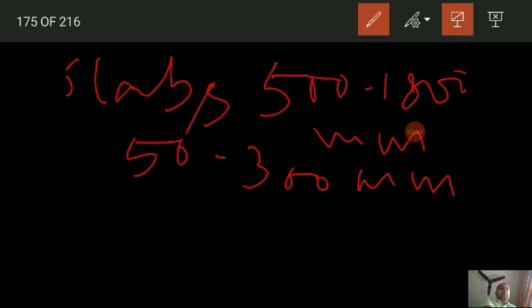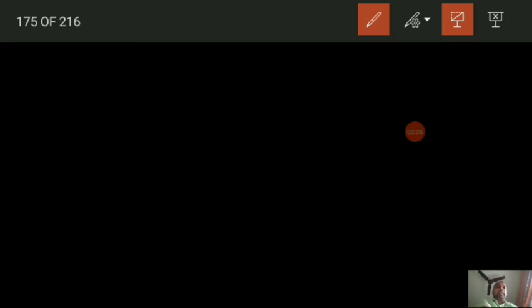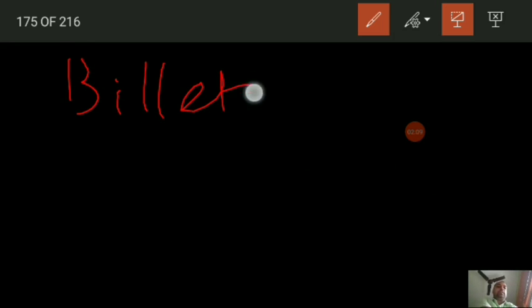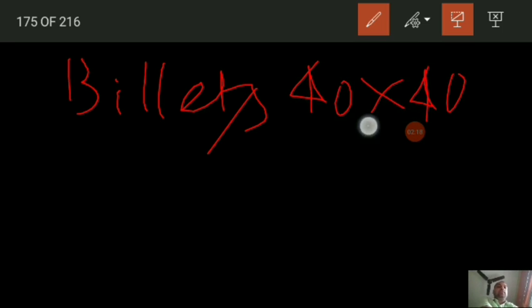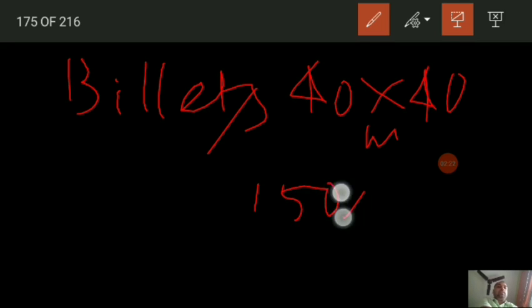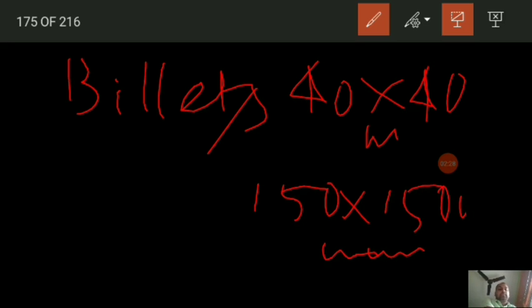Now the next one is the billets. For billets, we again have rectangular cross sections with size varying from 40 into 40 millimeter to 150 into 150 millimeter. So you can see, this is the most reduced shape.